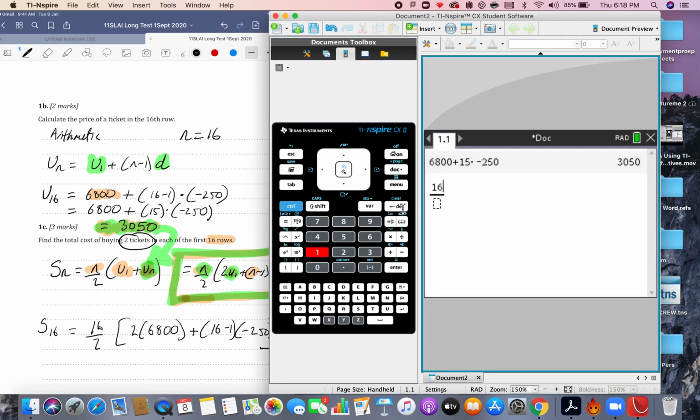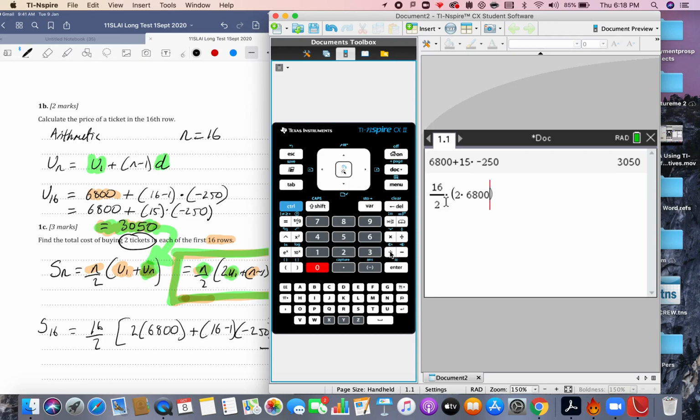This is 16, then the down arrow 2, then the right arrow, times by, open bracket, 2 times 6,800, plus n minus 1, that's 16 minus 1 is 15, times by negative 250. You can put that negative 250 in a bracket, just to be sure. It will work out to the same answer, and that is 78,800.